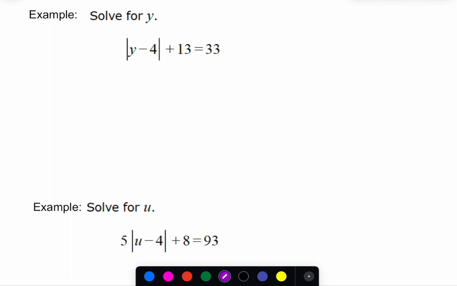So let's take a look at this one. You always want to get the absolute value by itself. So I would subtract off the 13 from both sides. 33 minus 13 is 20. Only once it's completely by itself do we do the 2 cases. So this might bring back a little bit of memories here.